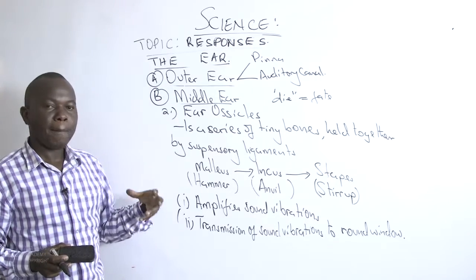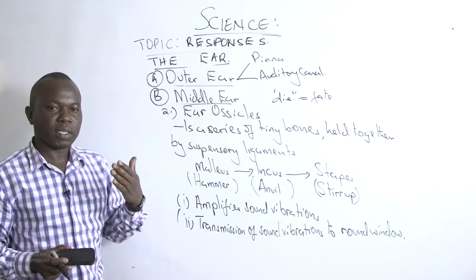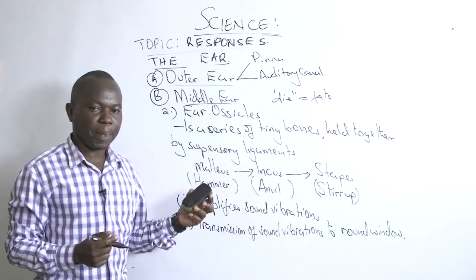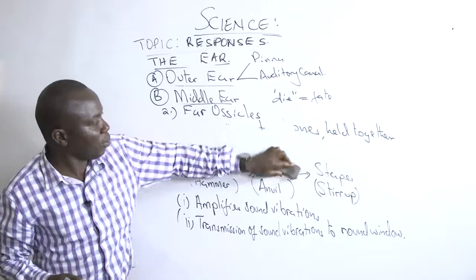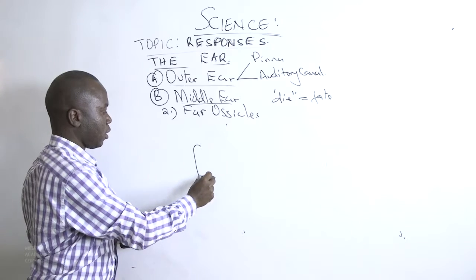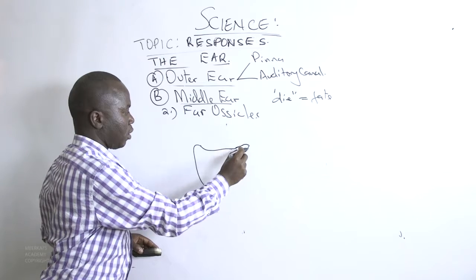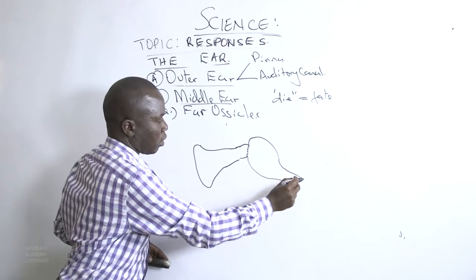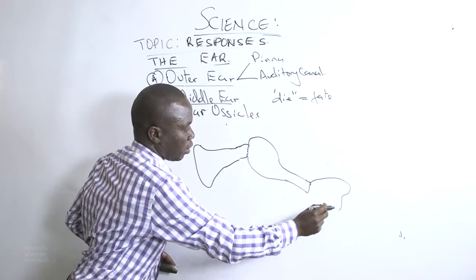Suspended by use of some suspensory muscles. One of them is called tensor tympani and the other tensor stapedius. Let me just show that with a small sketch. If this is the malleus, it will be connected to this bone.